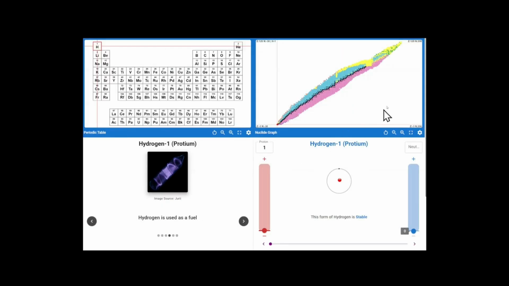we need to use this table here, and you will see this table appear an awful lot. So this is our periodic table. We have hydrogen. Here we have all of the known isotopes that have been developed over time.